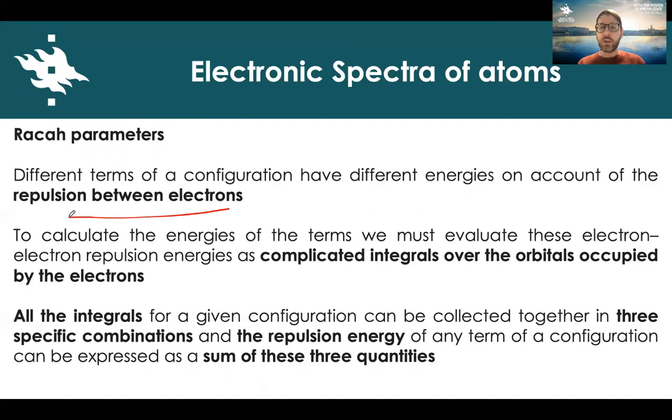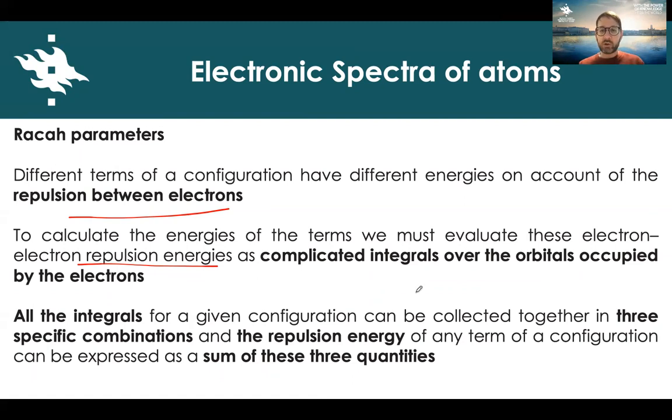So to calculate the energies of these terms, we have to evaluate these electron repulsion energies, and they are evaluated as complicated integrals over orbitals that are occupied by the electrons.